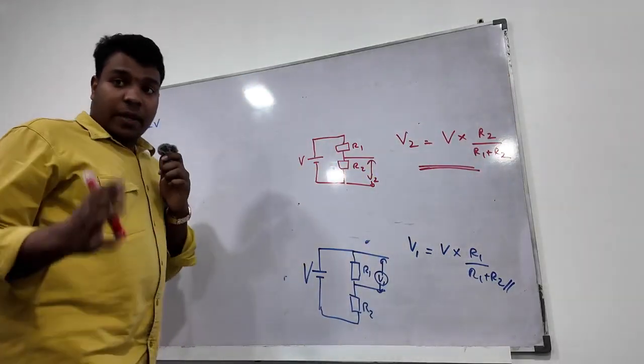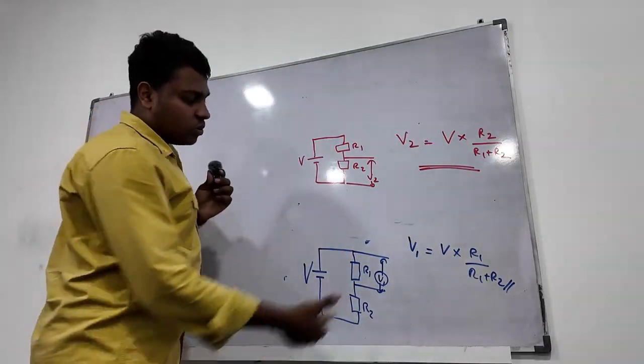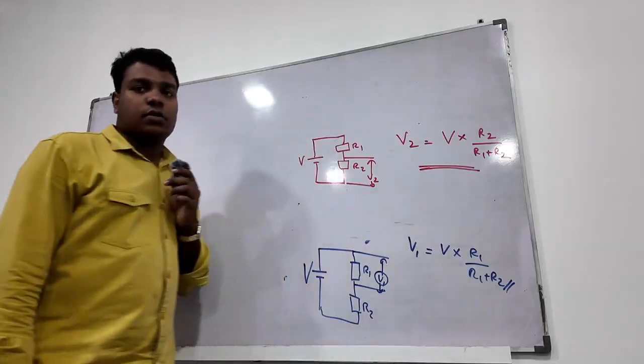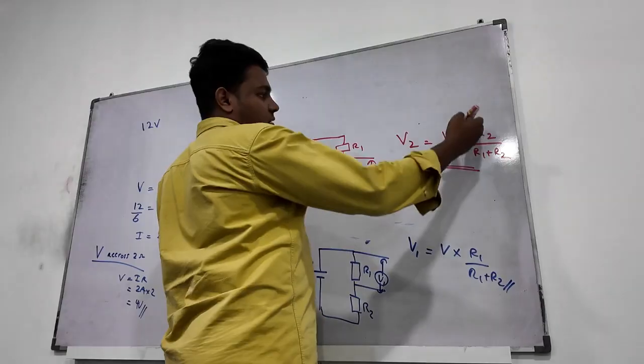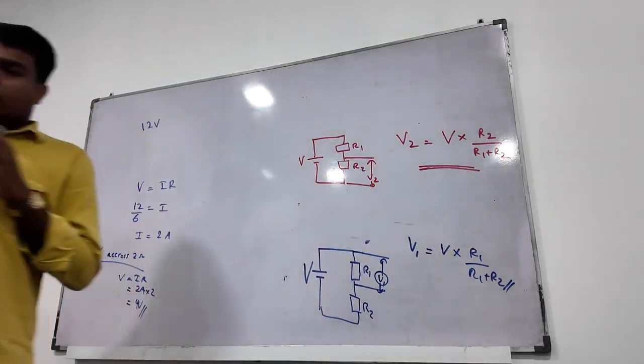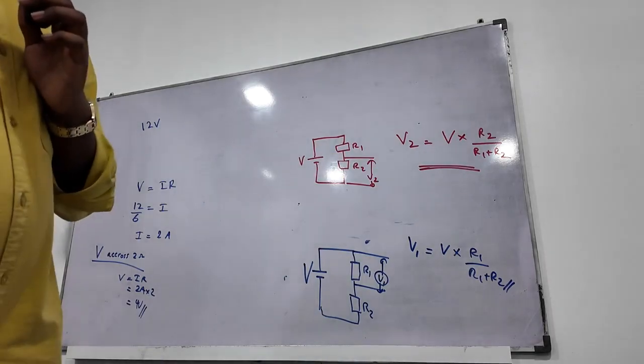That will solely depend on the resistance of R2. If R1 has a greater resistance than R2, more voltage will be acting across R2. If R2 has a greater resistance than R1, more voltage will be acting across it as well. Okay, is that clear? Is that clear to you all?